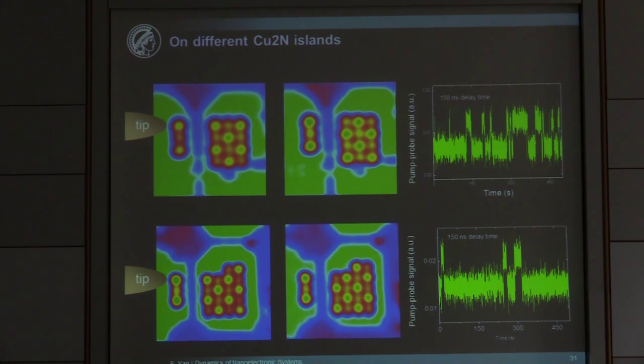Basically, your pump pulse can induce the switching of the big nanostructure by the hot electron. You can even try it on the bare surface. You don't need the small nanostructure. Even if you apply a pulse on the bare surface and go back to see it, you still can see the big nanostructure switched. Basically, the hot electron injected by the pump pulse induces the switch. Also, because it's spin polarized, it also favors one state.